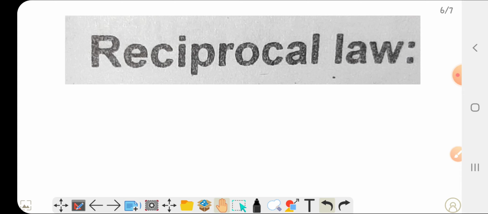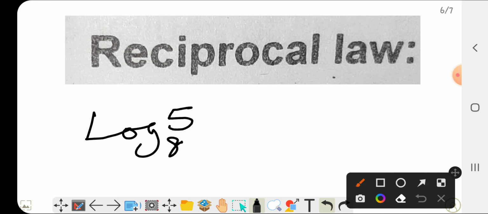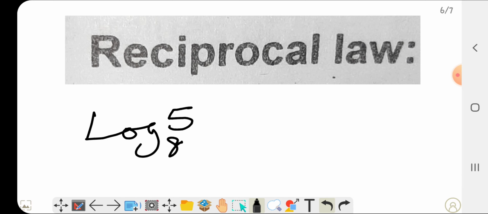Then the next law will be reciprocal law. For this reciprocal law, imagine if you have this expression, log 5 to the base 8, and your wish is to swap the two of them. Your wish is to make 5 the base and make 8 the number. So the only way you can swap this is if you apply reciprocal law. And what's reciprocal law? You are going to introduce 1.